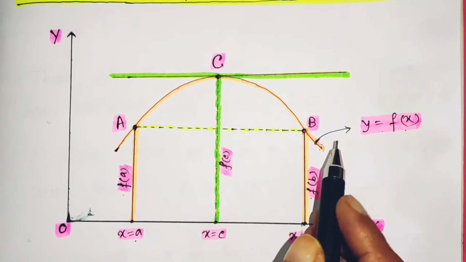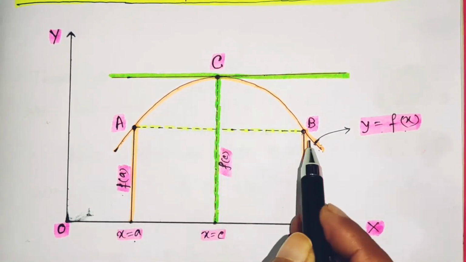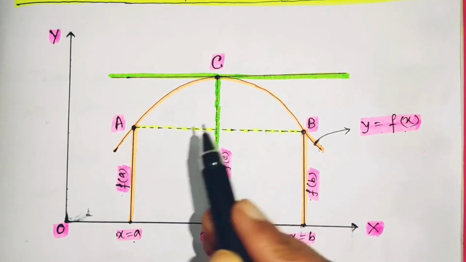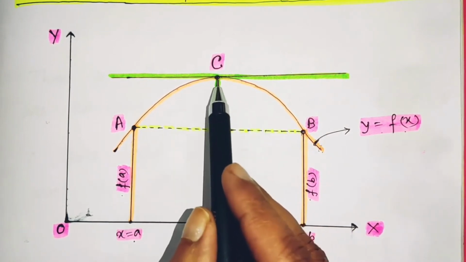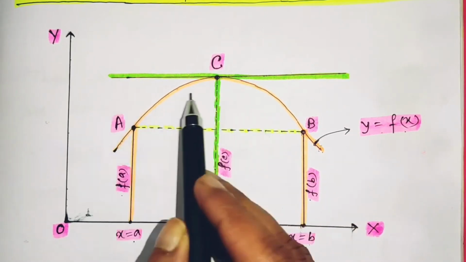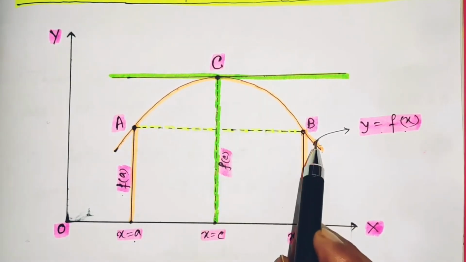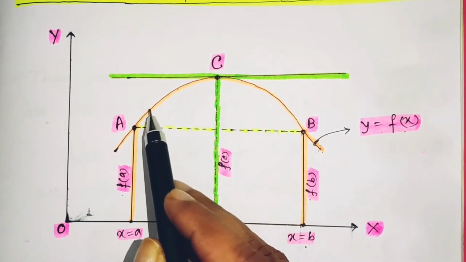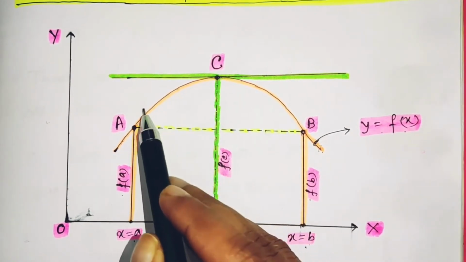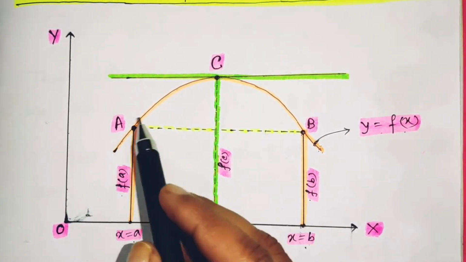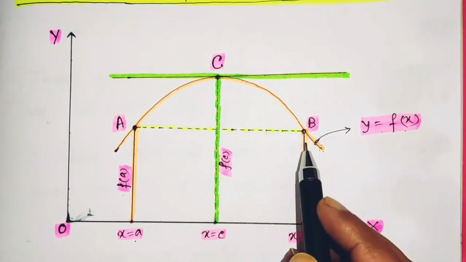And not only that, at each and every point of this function, the derivative exists. What is the meaning of the derivative? Derivative is nothing but the tangent at each different point. Whatever point you consider on this function, at each and every point we can draw a tangent. That tangent is nothing but the derivative at that particular point.